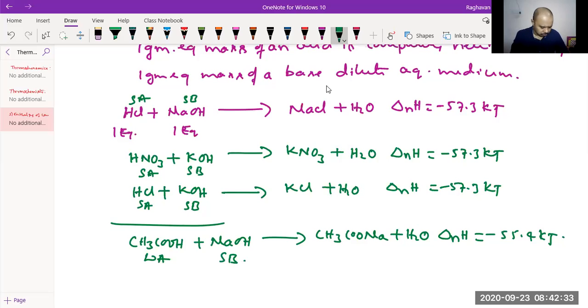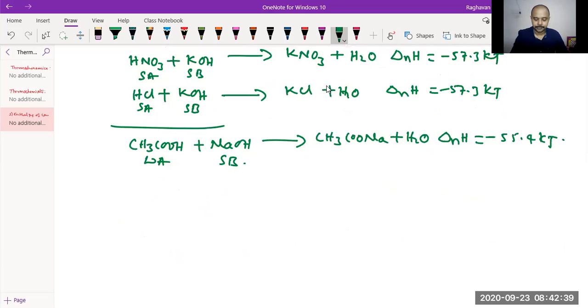So what is the reason? Anybody? Any idea? First of all, why is the enthalpy of neutralization constant in case of strong acid and strong base, and why is it different or less in case of weak acid and weak base?